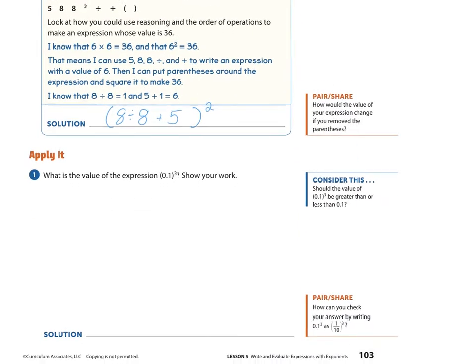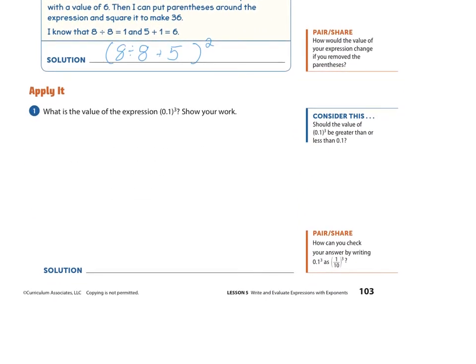36. Okay, number 1, what is the value of the expression 1/10 to the third power? Show your work. So we are doing 0.1, 1/10 times 1/10 times 1/10. I actually think in this situation that trying to multiply with decimals is more challenging than changing it to fractions.